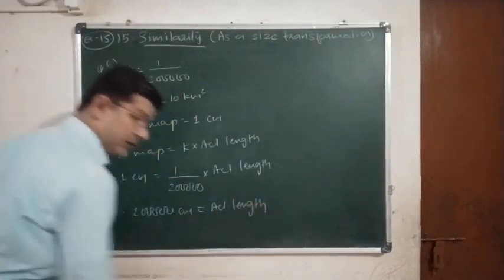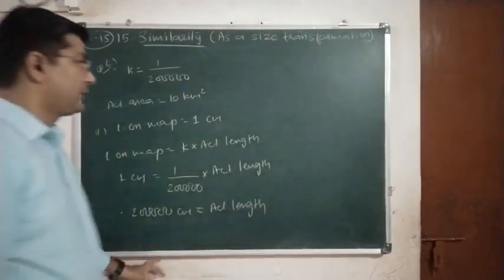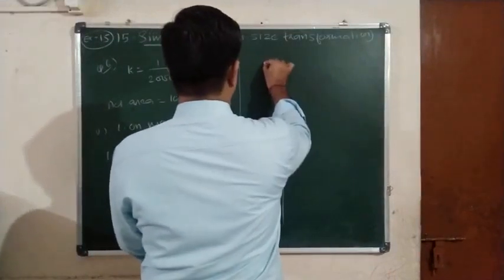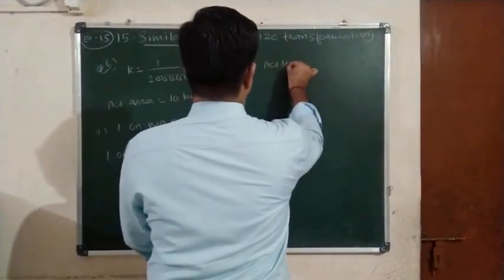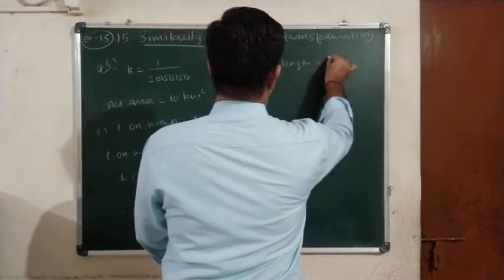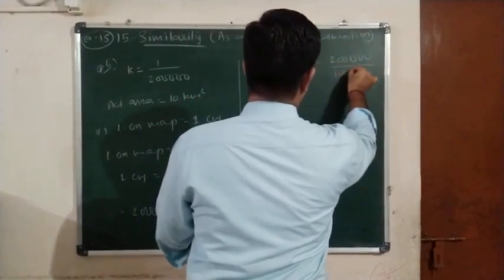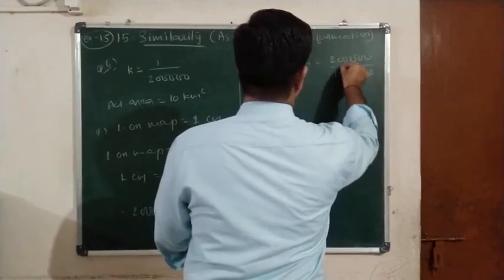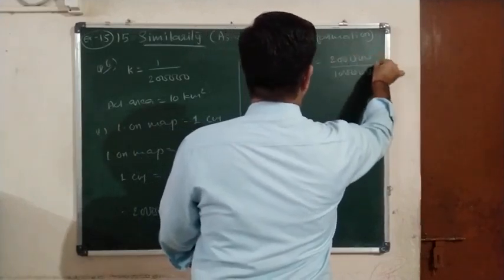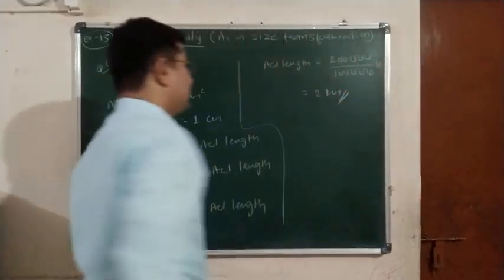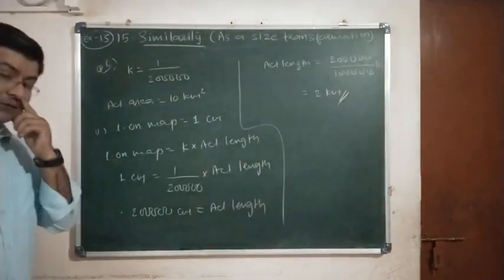Now we want to convert this centimeter in kilometer, so we will divide by 1 lakh. Therefore actual length is equal to 2 lakh upon 1 lakh, which is 2 kilometers. This is the first answer.